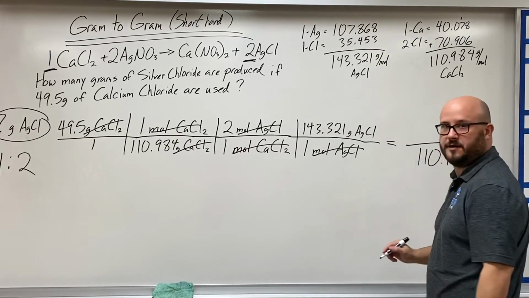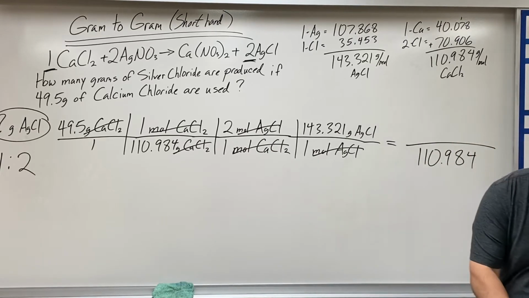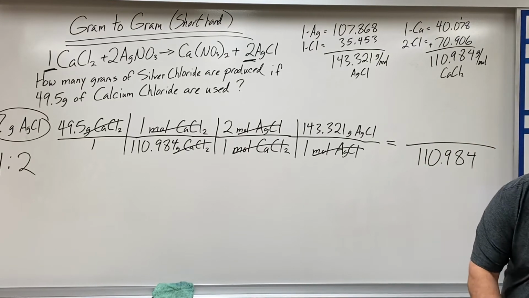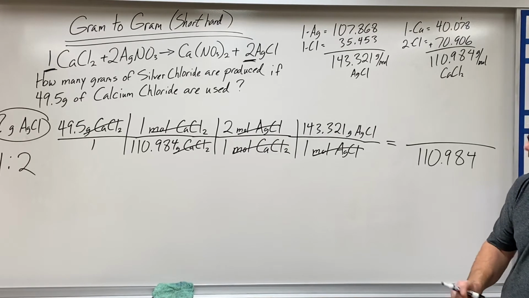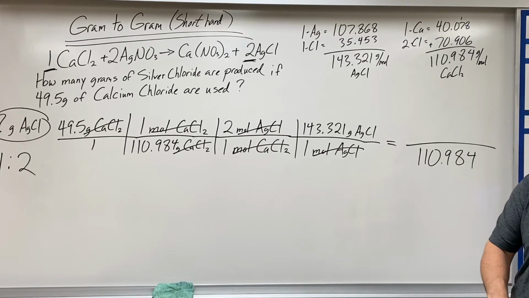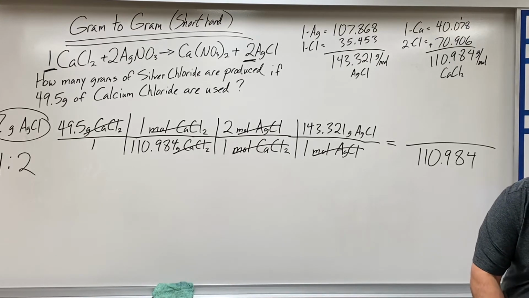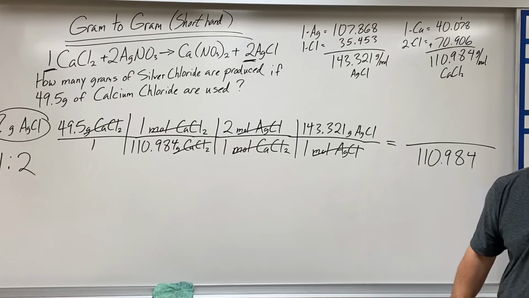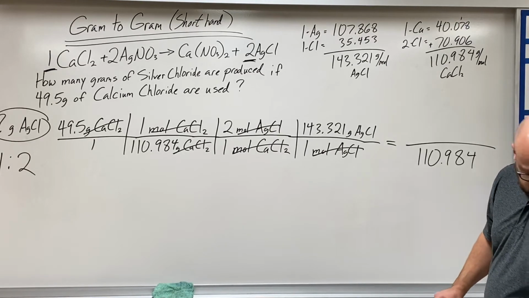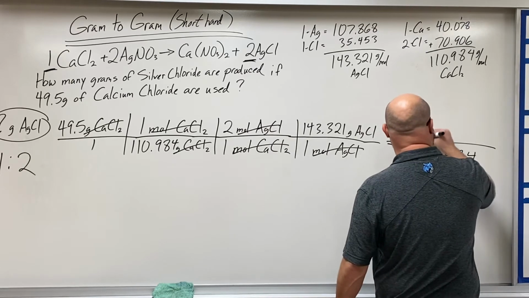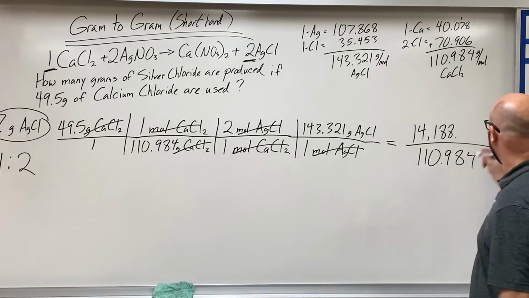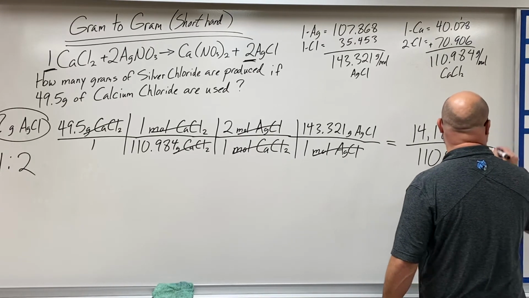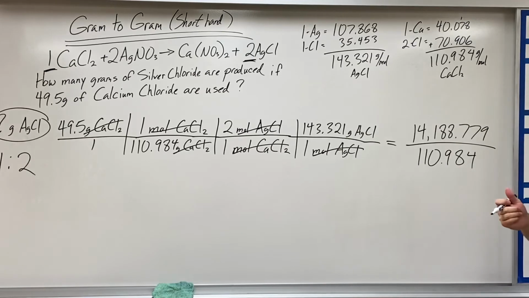And I'm going to use a calculator for the top part. 49.5 times 2 times 143.321. 14,188.779. At this point, you've got your total top and your total bottom.